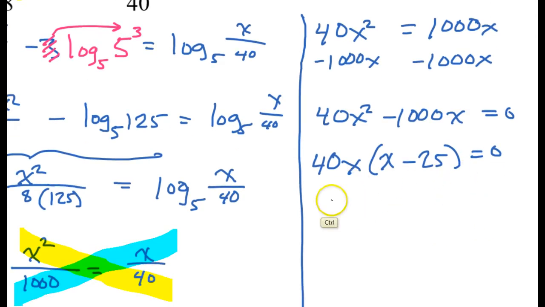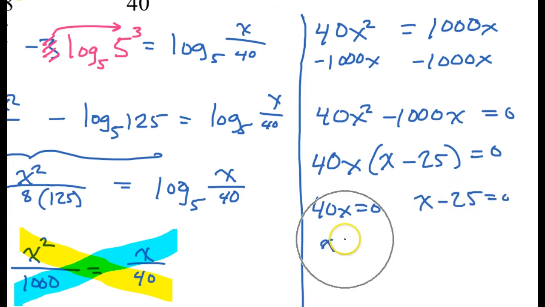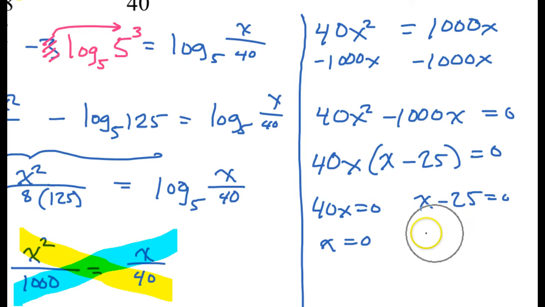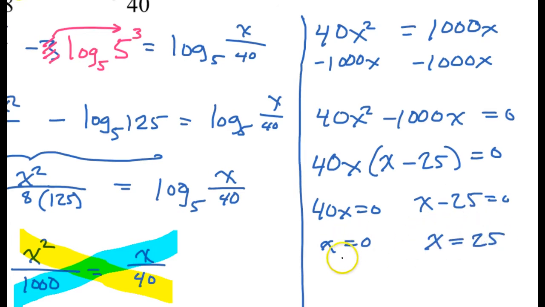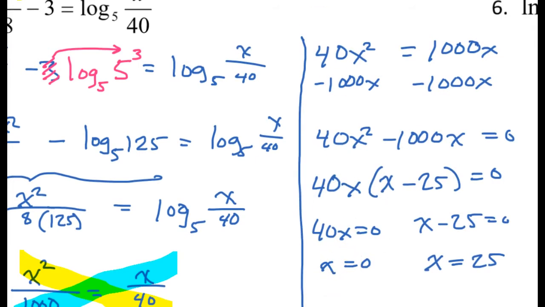Okay, if I set each of these equal to 0, then I will have 40x equals 0, and I will have x minus 25 equals 0. Dividing by 40 gives me x equals 0. Adding 25 gives me x equals 25. Now, the x equals 0 is going to turn out to be extraneous.